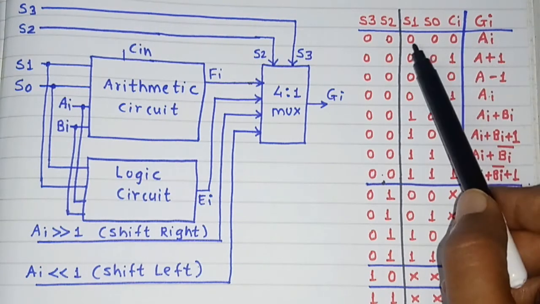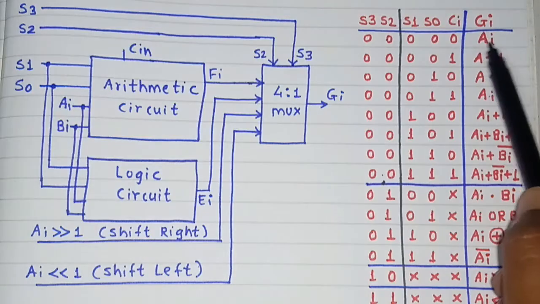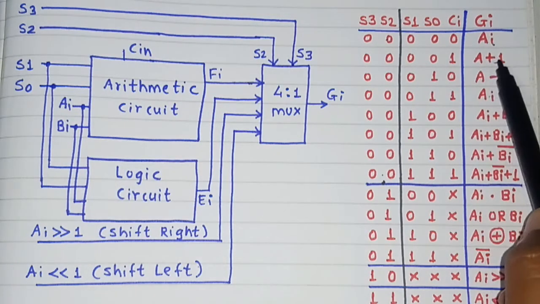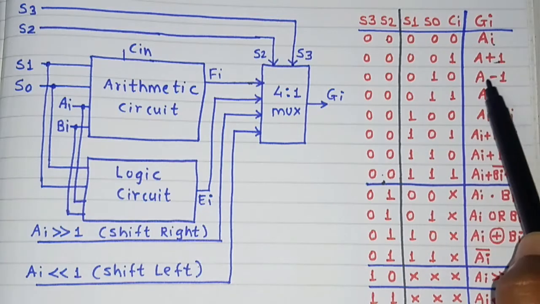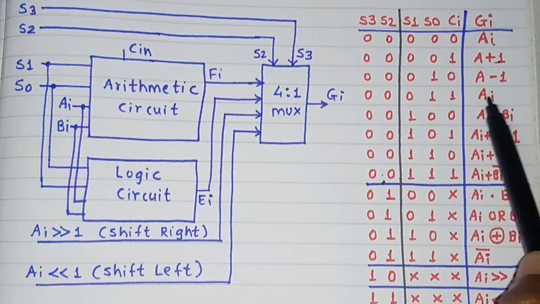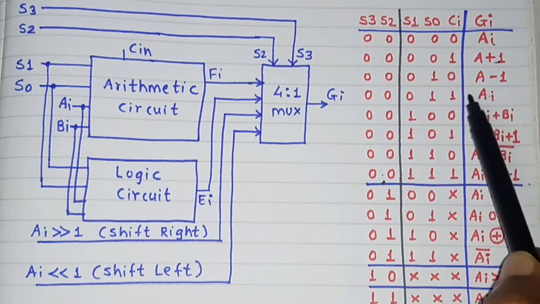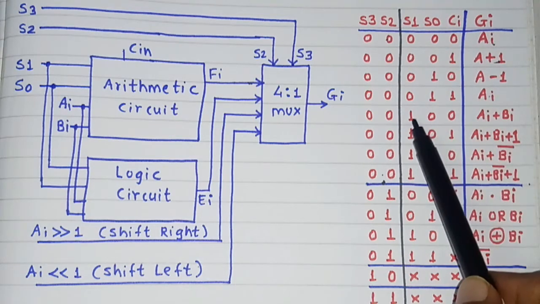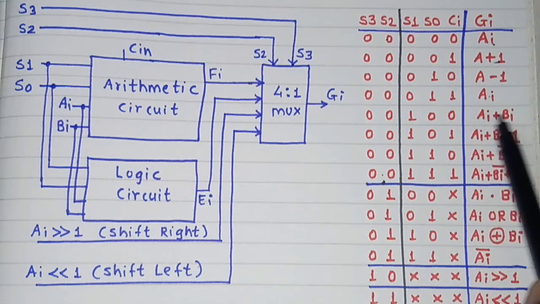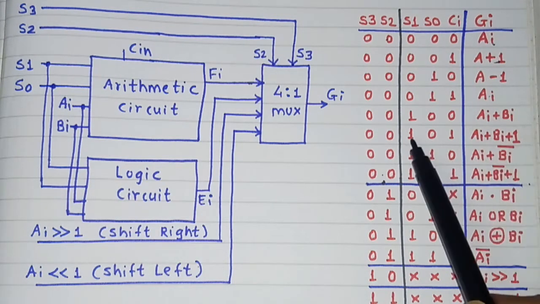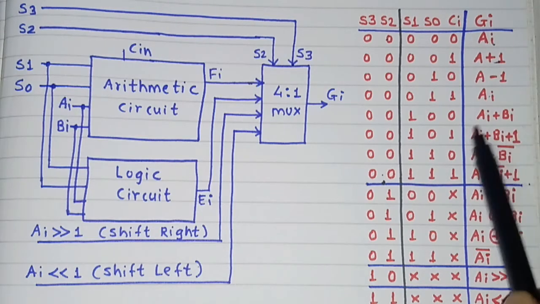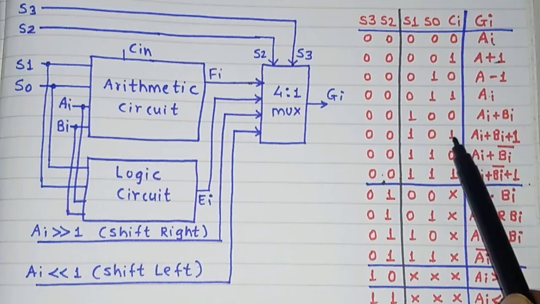So for 0 0 0 the transfer operation is done, 0 0 1 increment operation is done, 0 1 0 decrement operation is done, 0 1 1 the transfer operation is done again. We have seen this already. Then 1 0 0, actual addition of AI and BI is performed. Then 1 0 1, add with carry operation is performed here, because the carry in bit has been made 1.